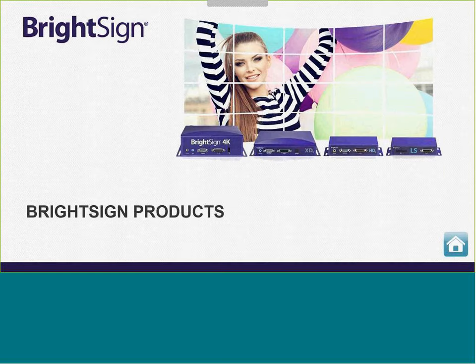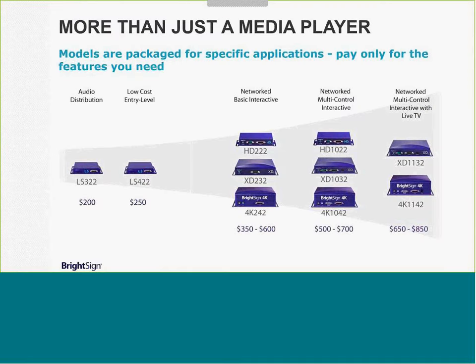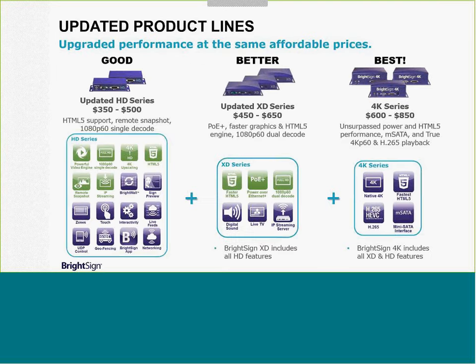And this is a suite of the products that we have. They're very small, but they're very specific in what they're capable of doing. We start at $200 and top out at $850. If I really lay out how we approach it, we go with a good, better, best strategy. Our HD series all support 1080p. So for the current TVs that are out there today, this does 1080p at 60 frames per second.